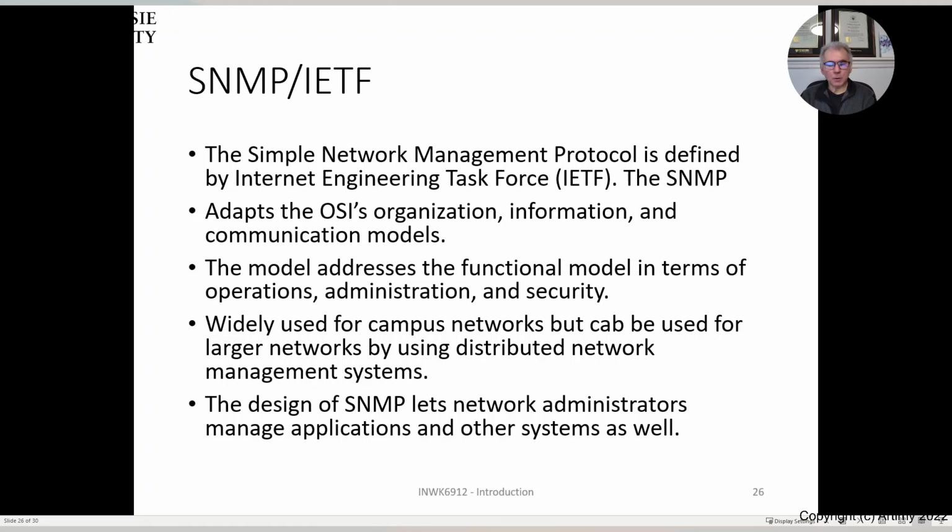It's more of a protocol rather than a management model, but it is widely used, and it inherits a lot of things from the other two, at least, the OSI and the TMN. So it is not by itself. We may consider it as a management model, but a lot of information that comes from SNMP actually originated from the OSI and the TMN, right?